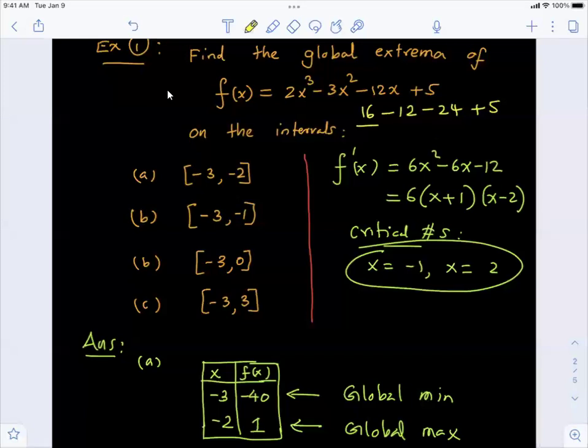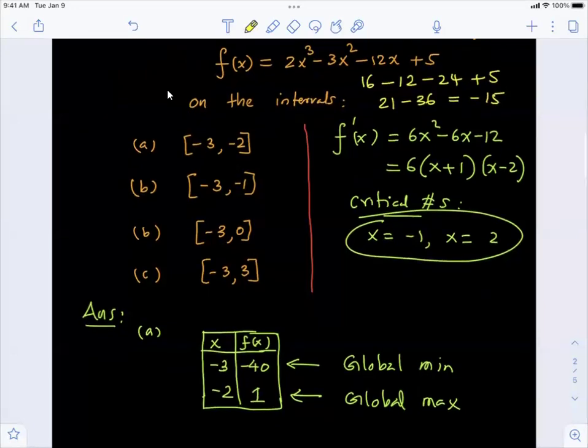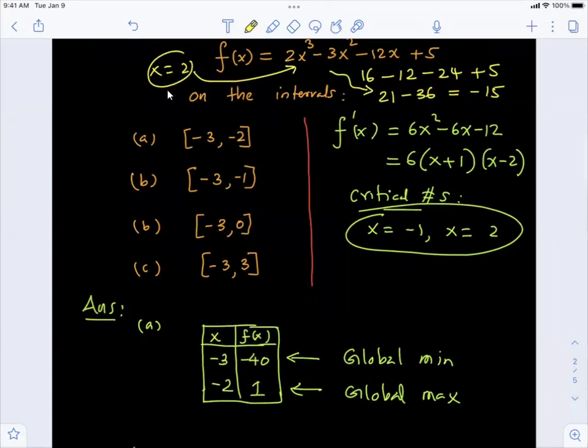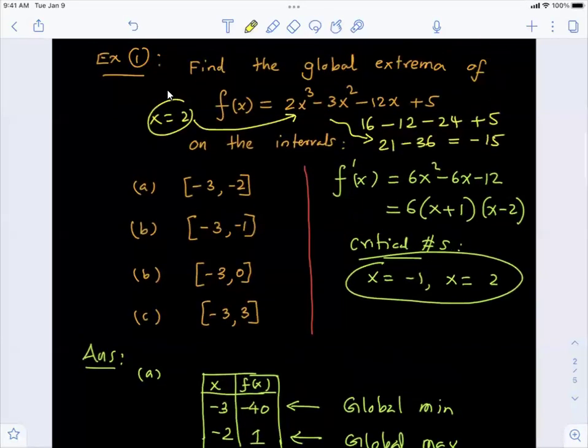And then with these two you have positive 21. Positive 21, negative 36. One can see it is negative 15. Okay, here you go. When you plug x equals 2 in this function, what we are going to get is negative 15.